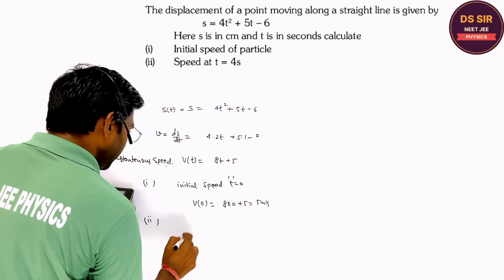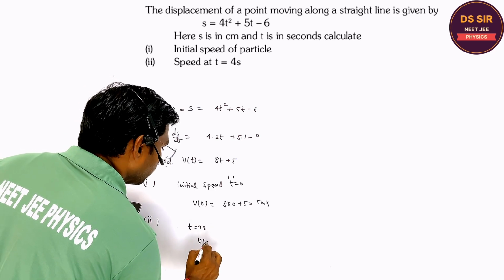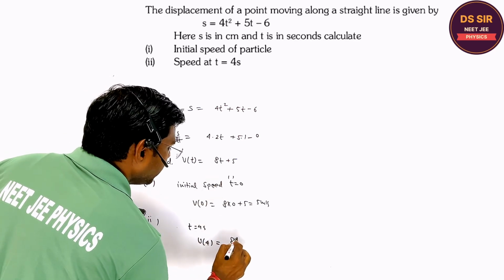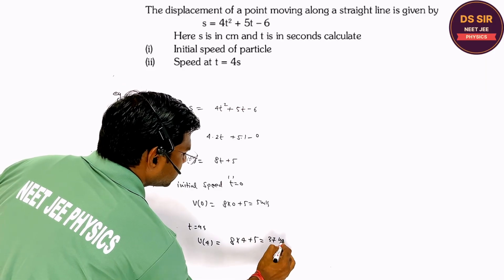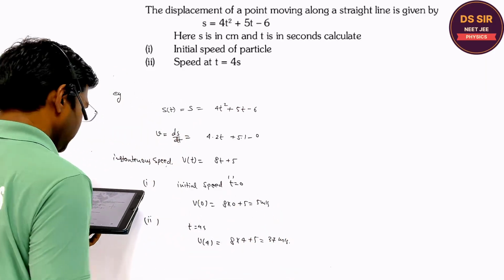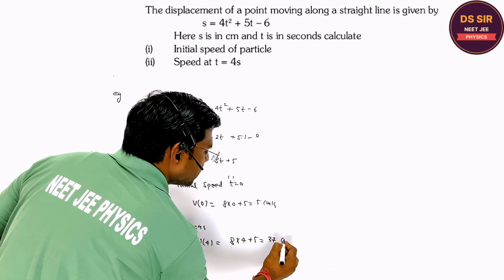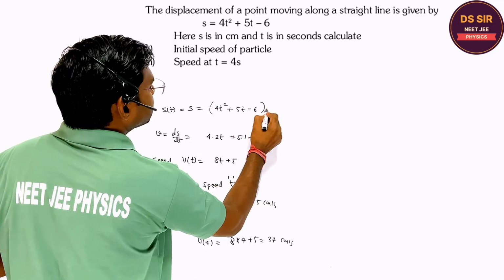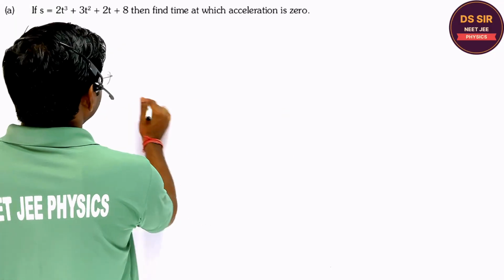Second, the speed at 4 seconds. So v4: if you put the 4, 8 into 4 plus 5, 8 fours are 32 and 5, 37 meter per second. Oh, centimeter per second. Centimeter per second. Right, because this s is given in centimeter, right? Copy this.